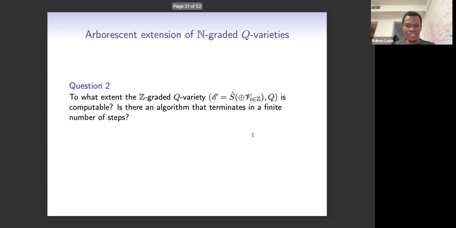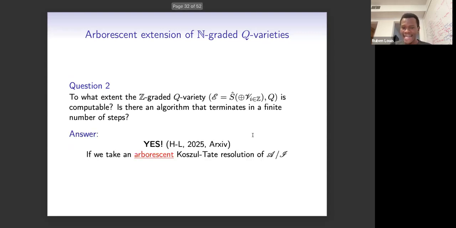So this is the point of the second question: to what extent is this Z-graded Q variety E computable? Is there an algorithm that terminates in a finite number of steps? Can we really have formulas that give this Q and everything?